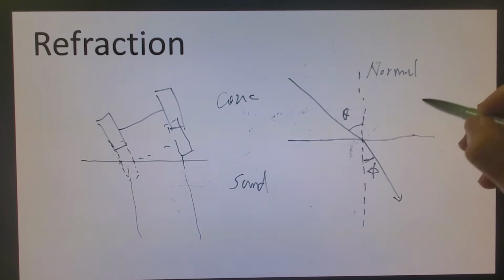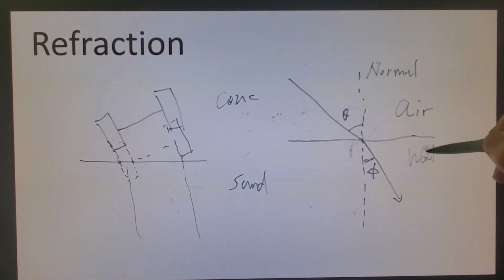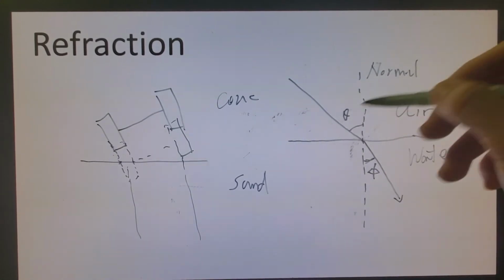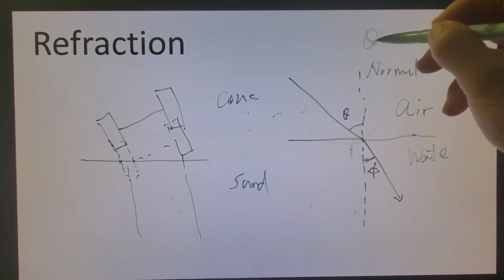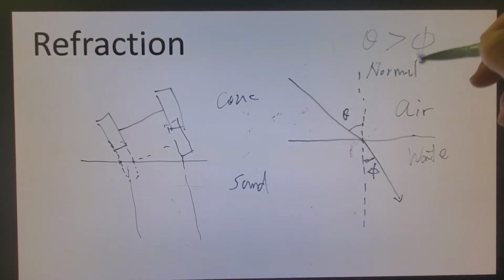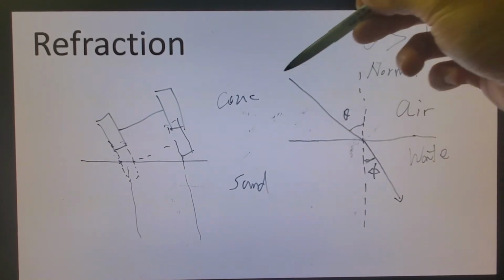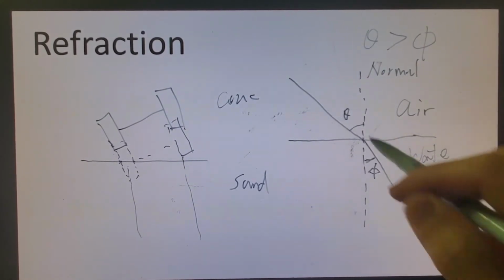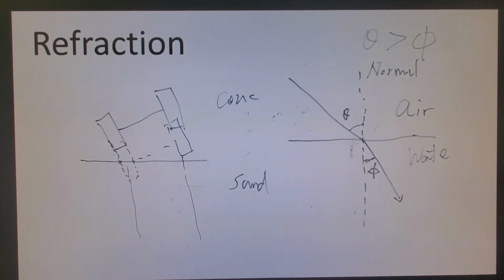In this case, if it's coming from air to water, the angle theta will be greater than the angle phi. So from high velocity to low velocity, we are going to see the change in the refracted angle.